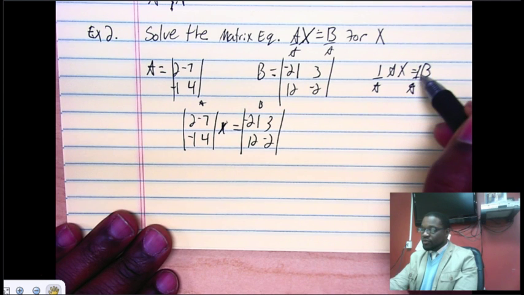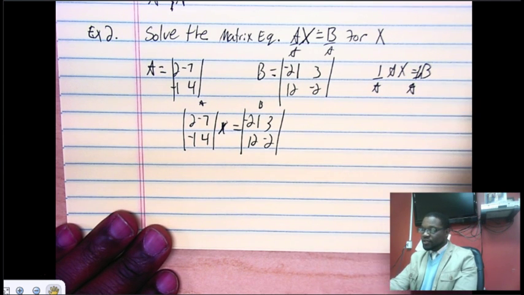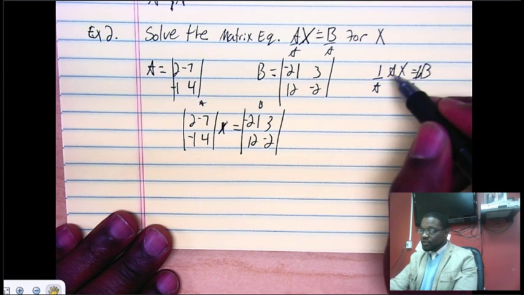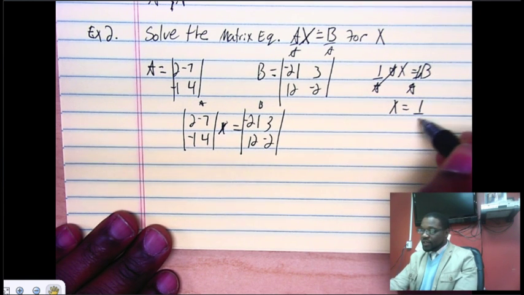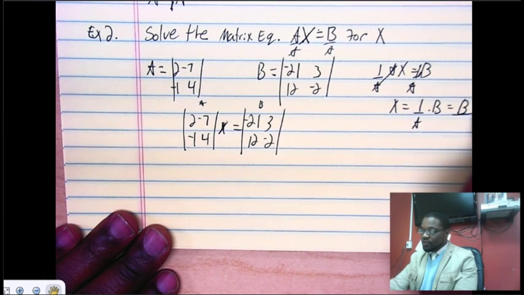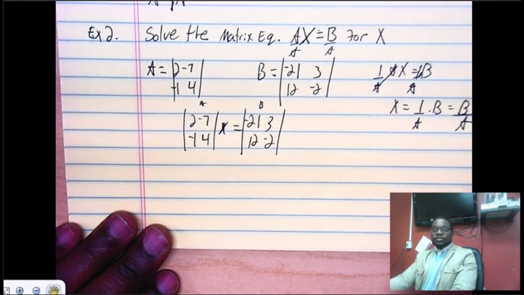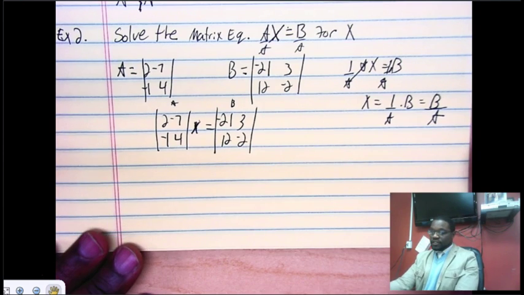And the order in which you do this, since we're talking about matrices, is important. Those cancel out and you'll get X equals 1 over A times B, which is the same thing as B over A.